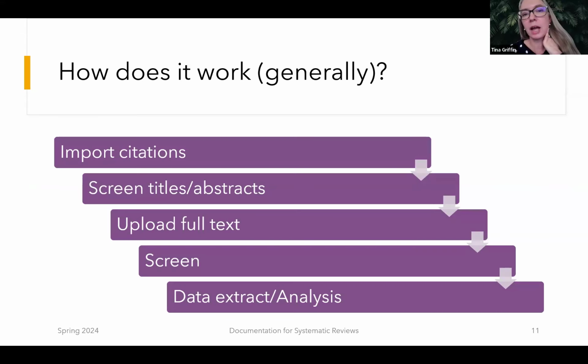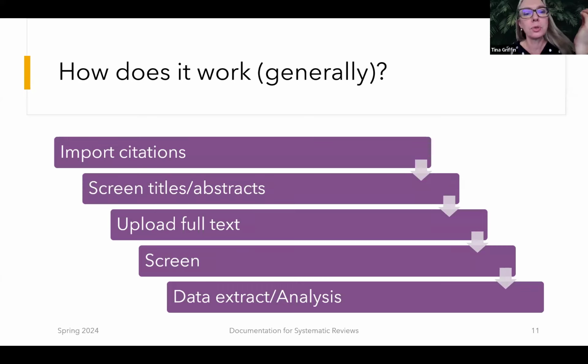How software works generally. So like I said, most of them will work for that particular segment. And what you do is you would import the citations that you have from your searches into your software of choice.